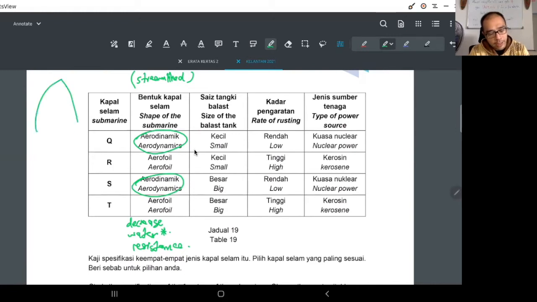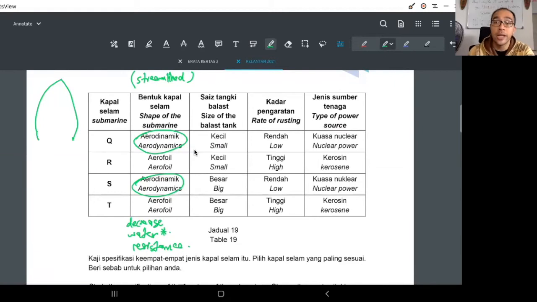Streamlined shapes are like this, if you look from above, like a boat is streamlined. I have heard this before, sharp at the front. Yes, the right word for it is streamline. Aerodynamic is usually given to, for example, racing cars.